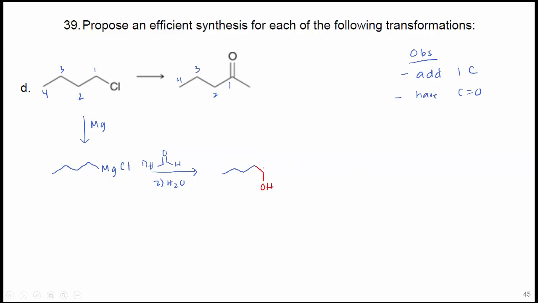So what I need to do instead is make this original 4 carbon chain what is getting attacked. So I need to convert this to an alcohol. I'm going to oxidize this only to the aldehyde, so I can use DMP.